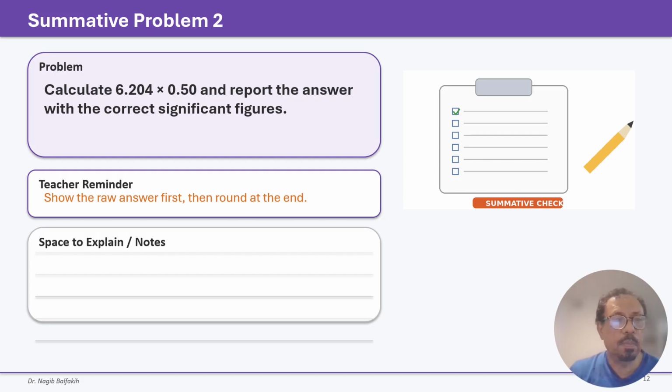Second problem. Calculate 6.204 times 0.5 and report the answer with correct significant figures. So 6.204 times 0.5 is equal to 3.102.